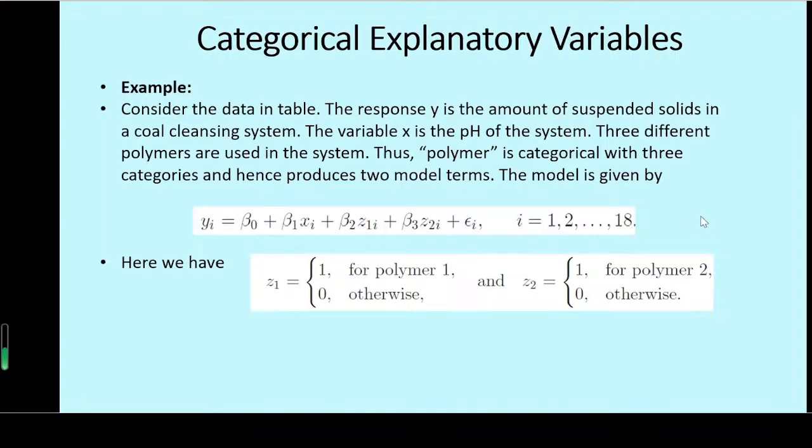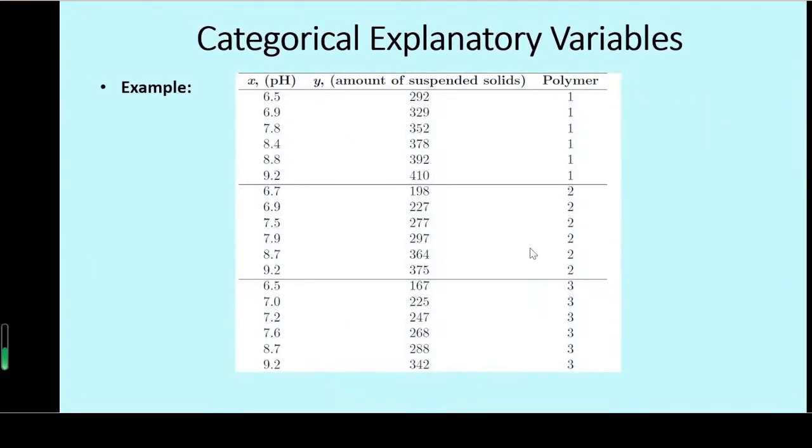There are a total of 18 observations in this table, but for the polymer, this is a categorical variable, with its category. The first 6 have category 1, the second 6 have category 2, and the last part is category 3. And this is the continuous variable x.